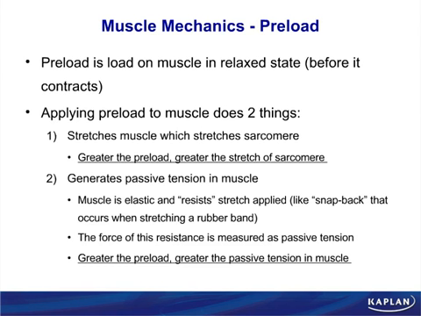Muscle is very, very similar. So again, preload is the load on the muscle before it contracts. It stretches the sarcomere, and because of the properties of the muscle, the elasticity of the muscle, it will generate a passive tension. We'll show this graphically in just a moment.